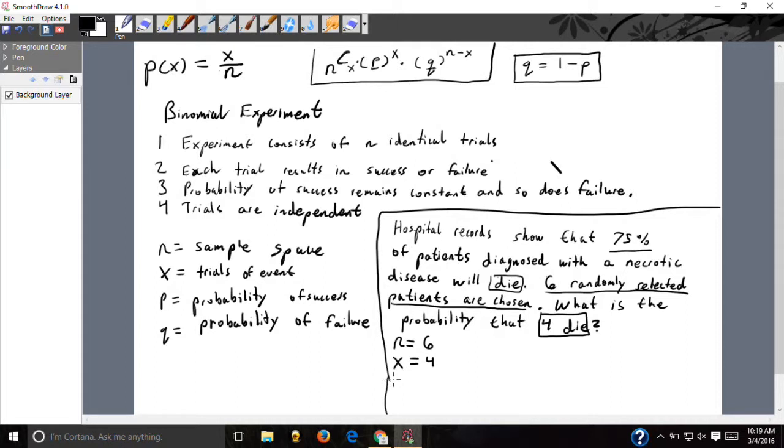So I need to look for my probability of success, which we said before was 75%. Or I can put it as 3/4. Or I can even put it as 0.75. And my Q is equal to 1 minus P. So if P is equal to 0.75, 75%, then 1 minus P must be 1/4 or 0.25. Now let's notice something.